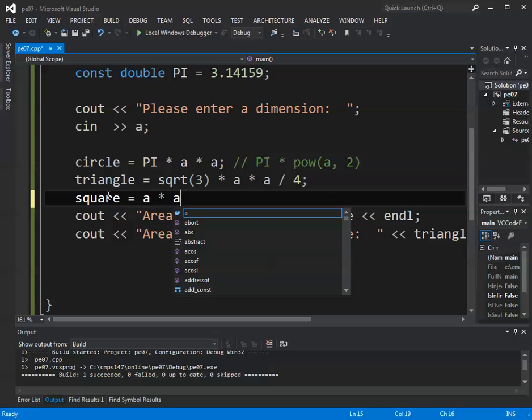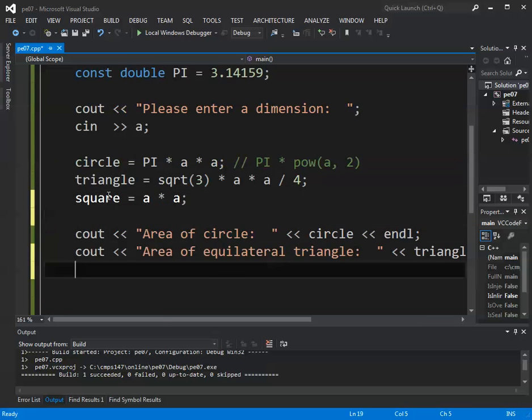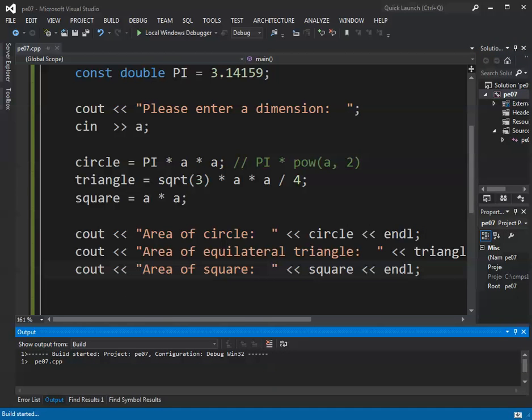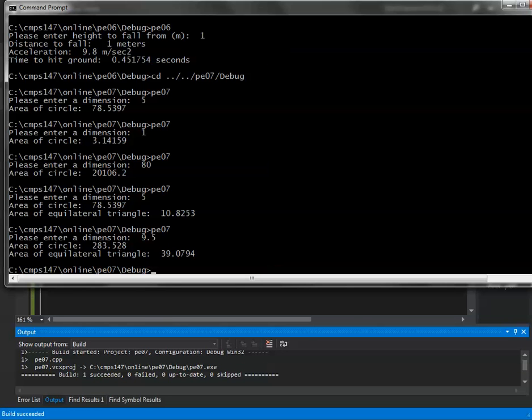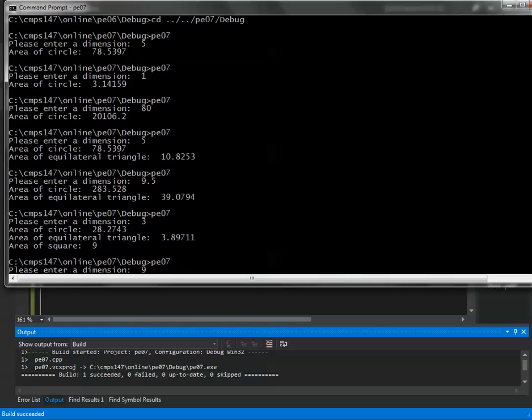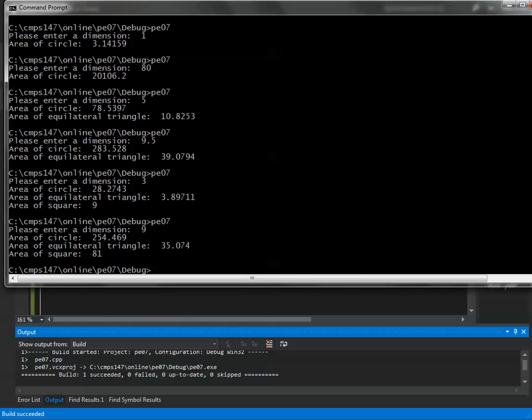Square equals a times a. And this is one where we could, of course, go back to Google and check it, but the square is relatively easy to check just in our heads. Of course, we should get 9 and get 81.